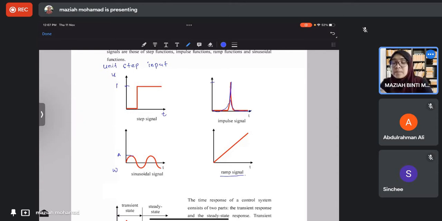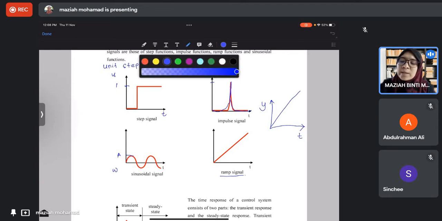So we apply one of these signals to our system, to the transfer function, to the model, and then we want to see how the output will change with time. Here y is normally the output. We're going to see how the output changes with time, either like this, or something like this, or something like this.